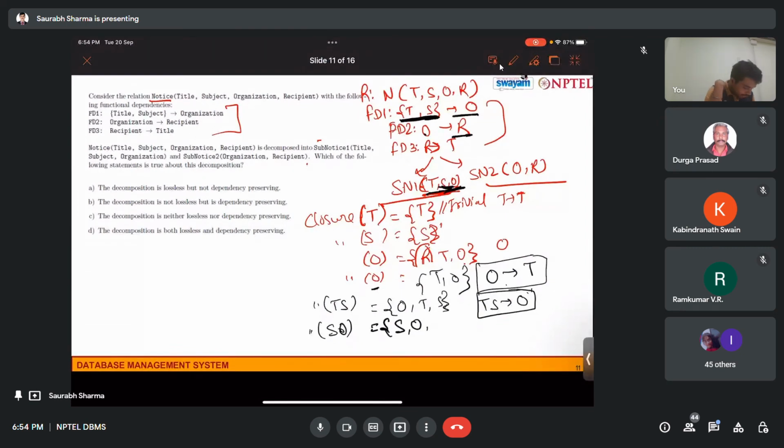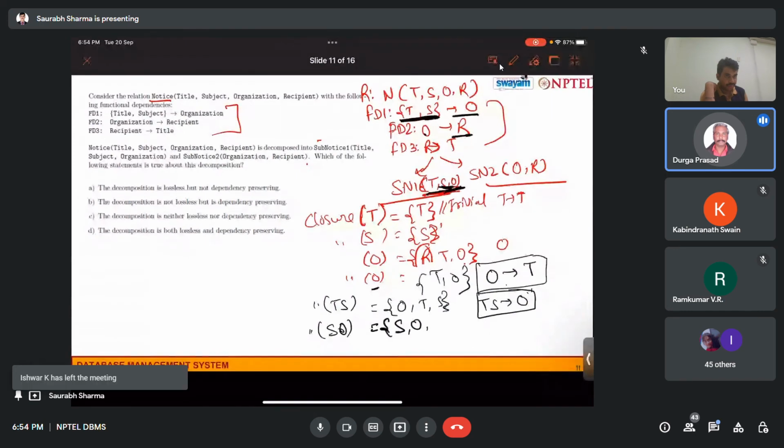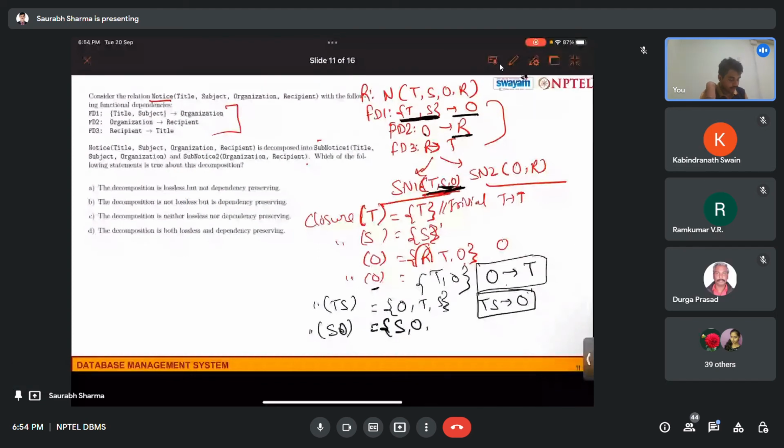From SO, where will we end up? From SO there will be SO trivially, and from S individually we cannot go anywhere, but from O we can go to R. If we take R, it will land up at T, and we have to discard R because it is not in this subrelation.